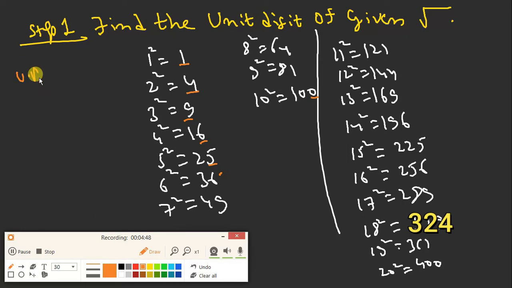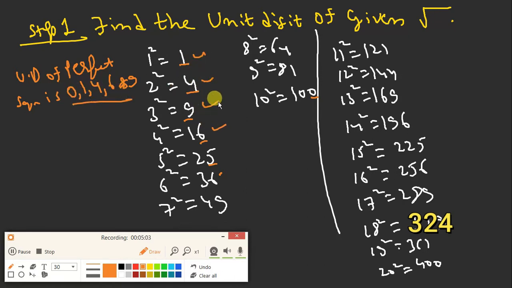So the unit digit of a perfect square is 0, 1, 4, 5, 6 or 9. 5 will also come here, right? This is the first thing.